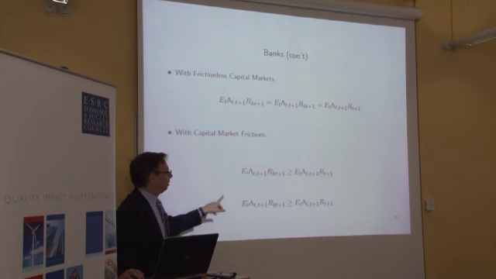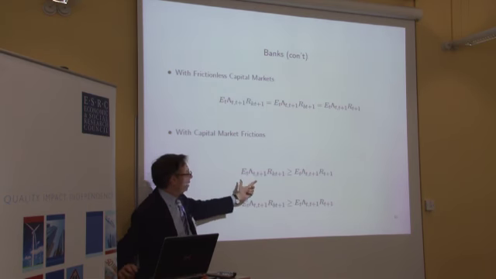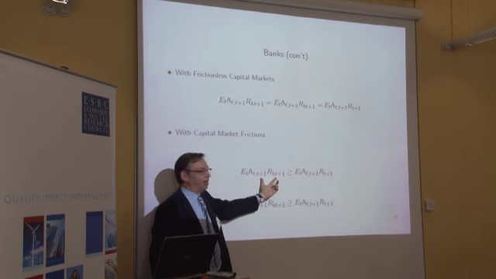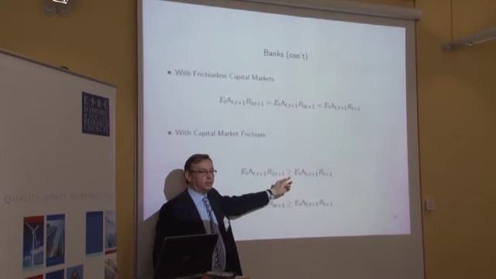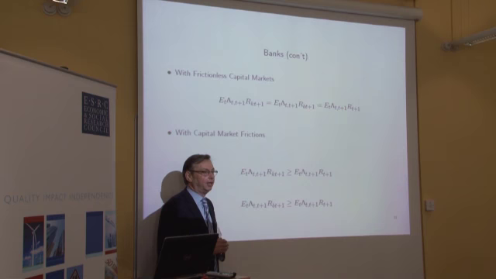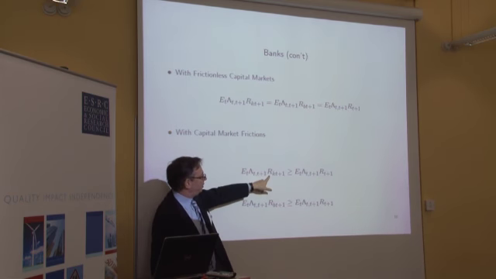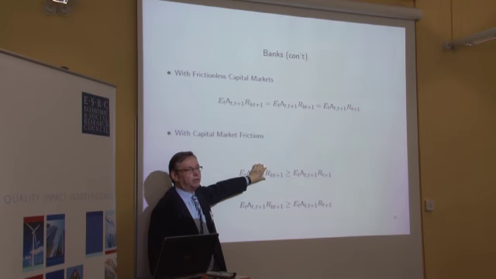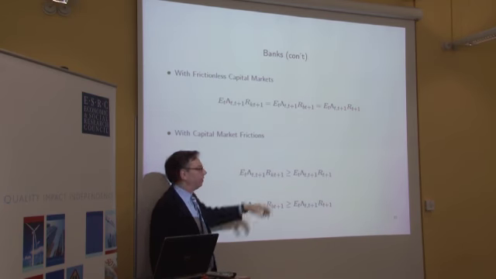With the capital market friction, the excess return on capital can exceed the discounted cost of deposits. Why doesn't the bank take advantage of the fact that deposits are cheaper relative to the return on capital? It's because of the financial market friction. And this has real effects on the economy because this implies a higher cost of capital and less investment.